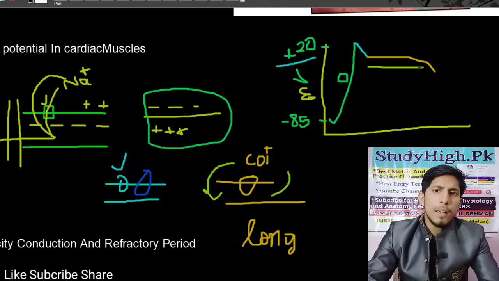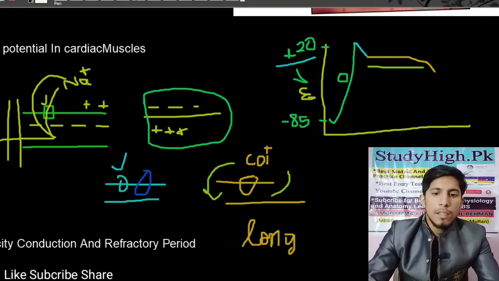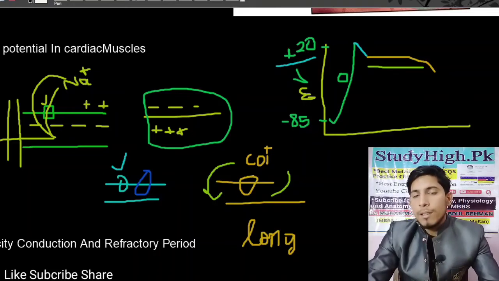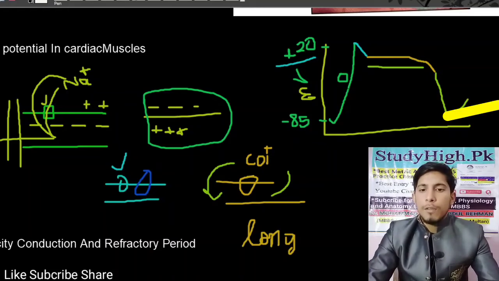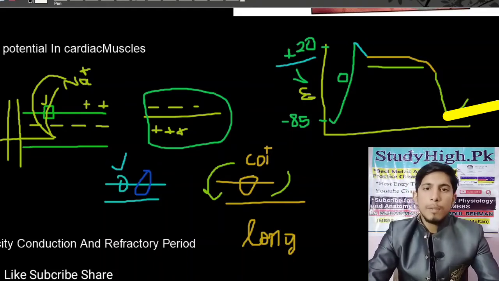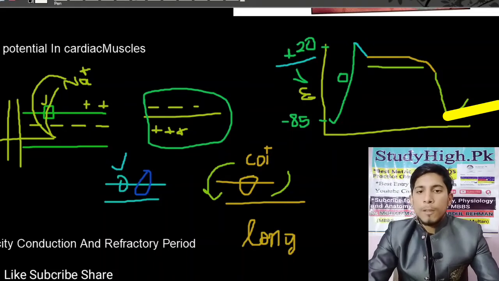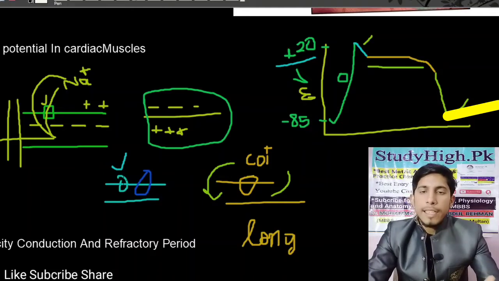When the L-type calcium channels present in the cell membrane of cardiac muscles close, the slow potassium channels open and cause rapid repolarization. So these are the different phases. Phase 0 includes the rapid depolarization by sodium channels; due to the influx of sodium, the potential reaches plus 20 millivolts. Phase 1 is the initial repolarization because of fast potassium voltage gated channels.